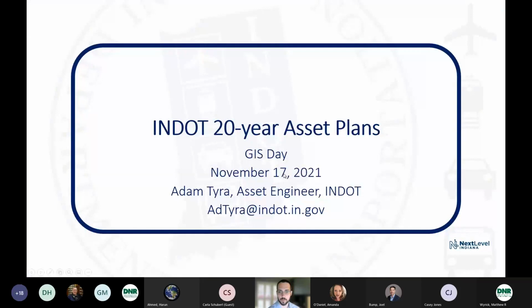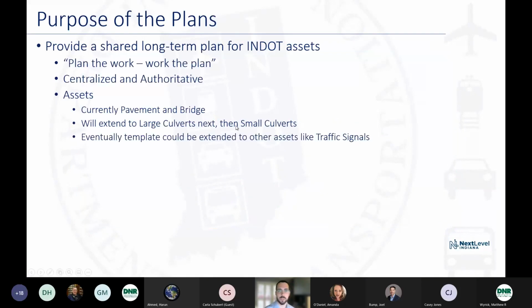Okay, so to begin with, as Joel touched on, the purpose of the plan. The 20-year plan is a bit of a misnomer at this point. We go out further than 20 years, but in general, that's the term that's stuck. The goal is that we have a shared long-term vision of what we want to accomplish in the future. These are obviously not set in stone. They are just a plan.